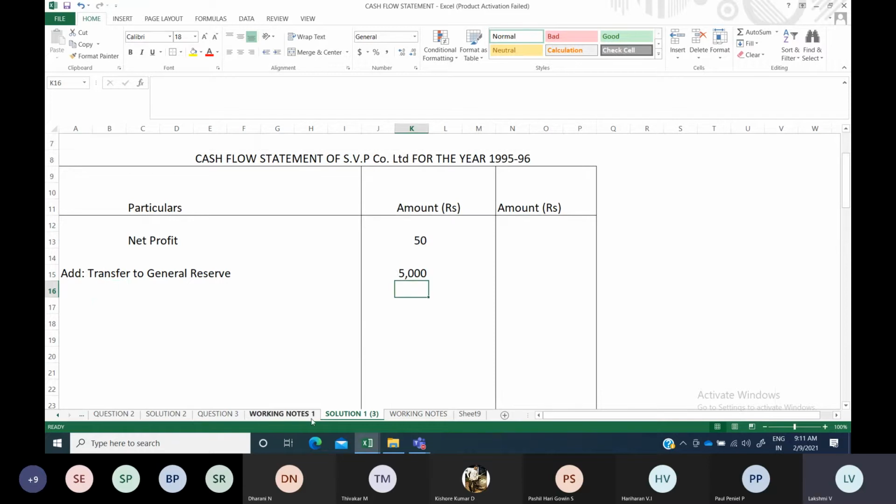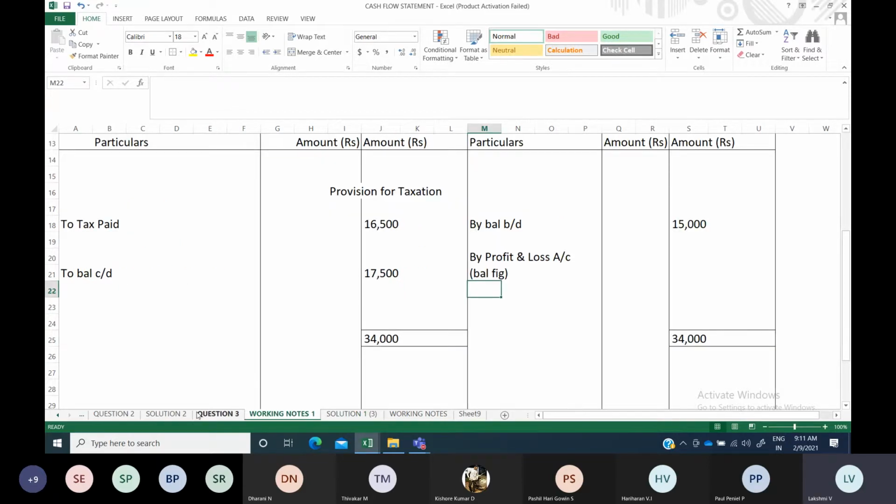It is the same provision for taxation account only, but in the fund flow statement, it will be treated differently. The cash flow statement, as per Accounting Standard 3, is also treated differently. So you have to be careful. You are preparing the same account, but where you take that amount will vary there.